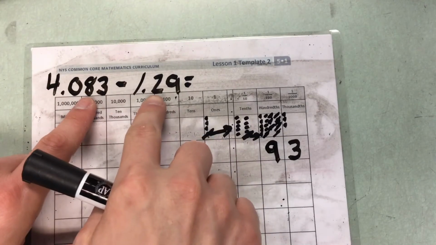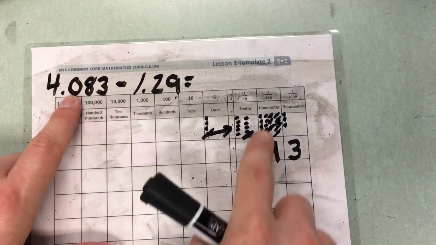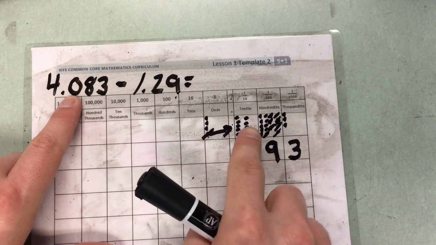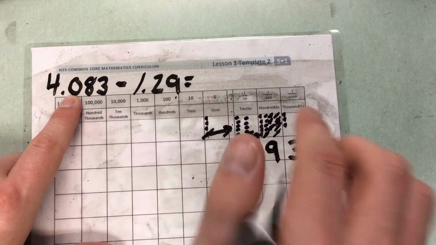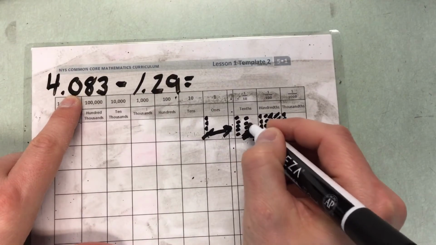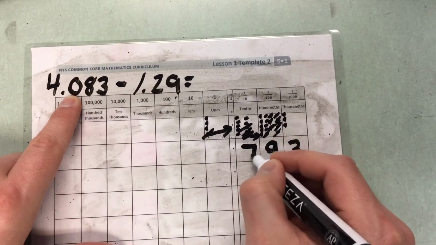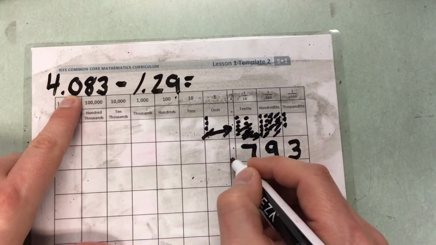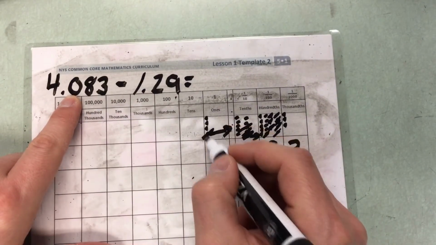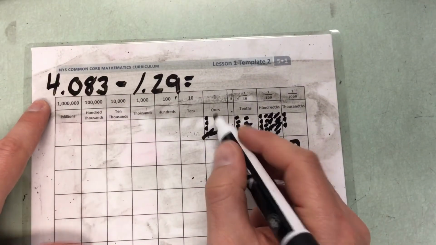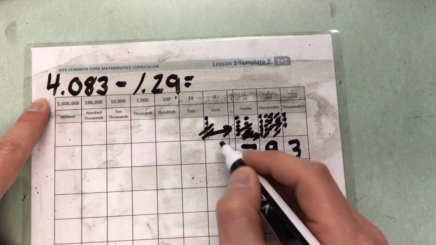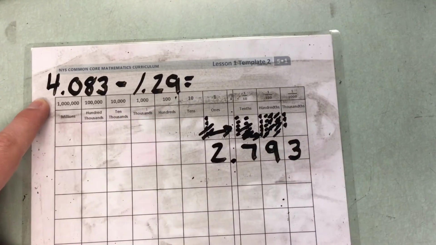When I move on to the tenths column, I notice I have 9 tenths, take away 2 tenths. So I'm going to take away 2 more tenths, which would leave me with 5, 6, 7, my decimal, and then 3 ones, take away 1 one, would give me 2 ones.